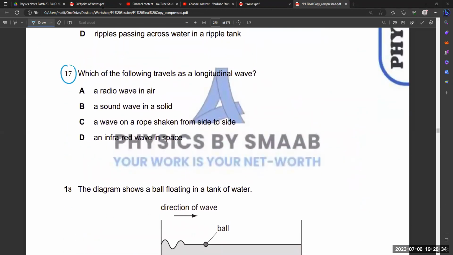Okay, question number 17. What is an example of a longitudinal wave? Which of the following travels as a longitudinal wave?